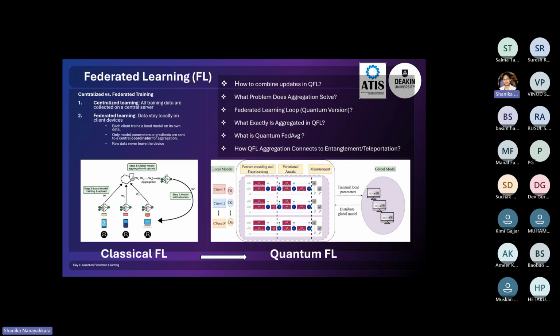There are lots of critical applications. Now imagine hospitals want to train the same cancer detection model without sending any patient data. In that scenario, we use federated learning. Each hospital keeps its patient records inside the hospital. The hospital trains the model on its own patient data privately.